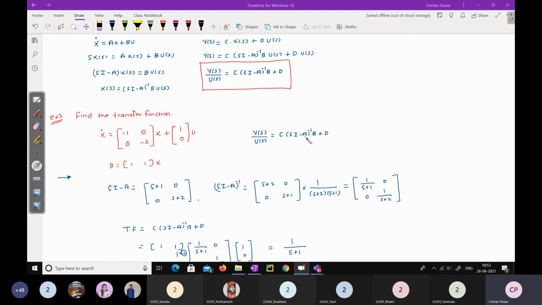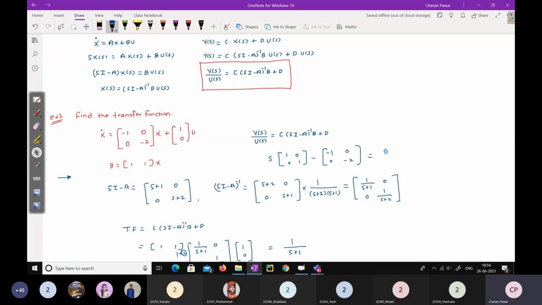sI minus A. I have directly written it here. A is minus 1, 0, 0, minus 2.